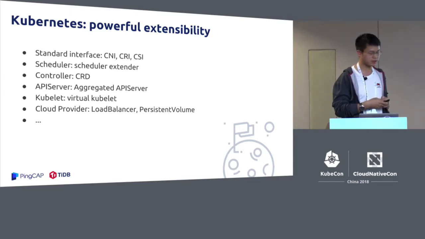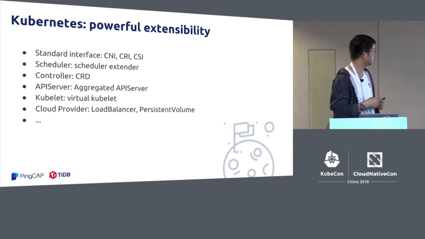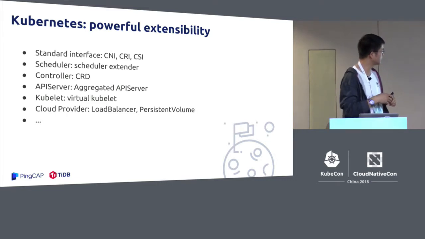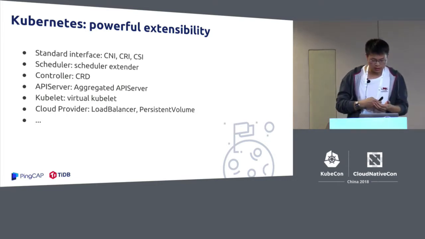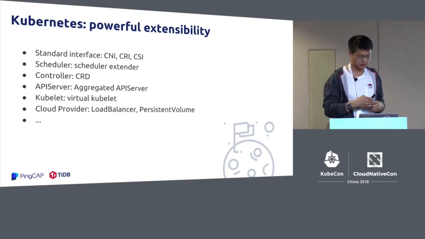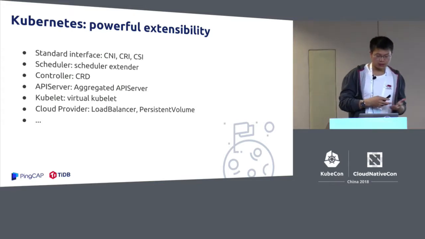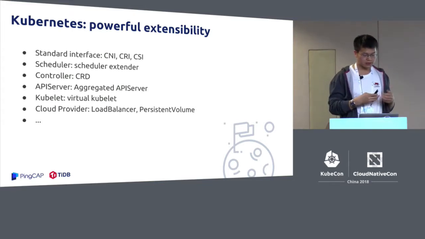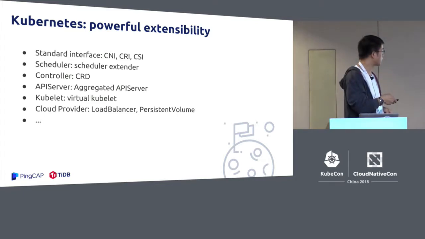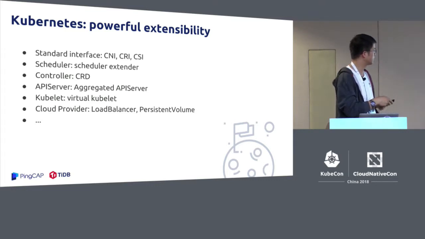The kubelet also has Virtual Kubelet, which is serverless infrastructure, and for the cloud provider, they just need to implement the load balancer or persistent volume interfaces, so users can use this across all clouds.